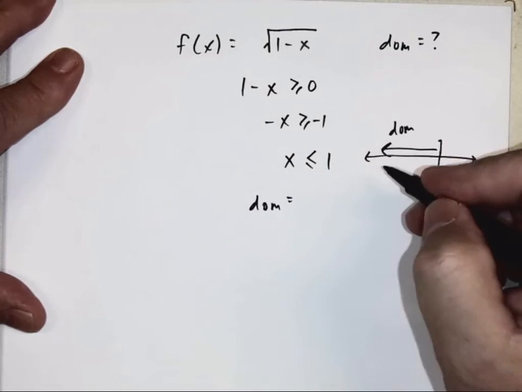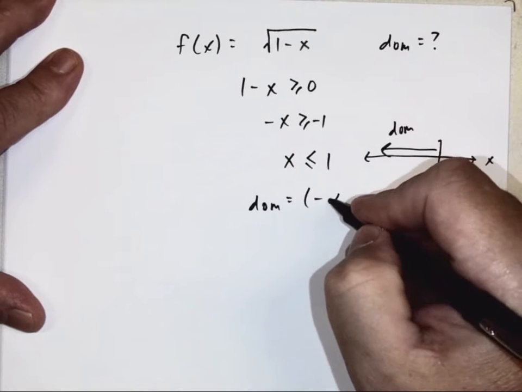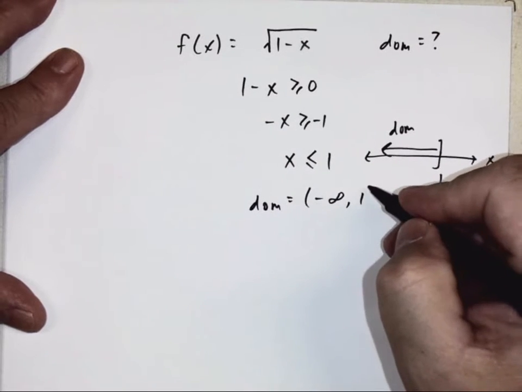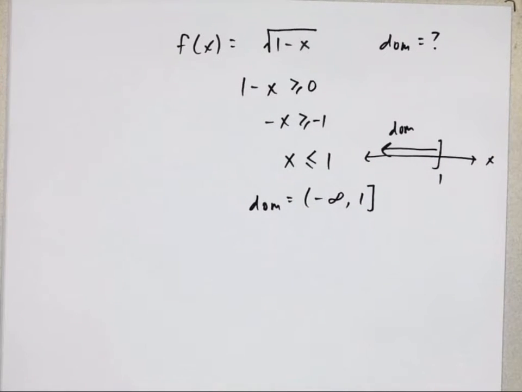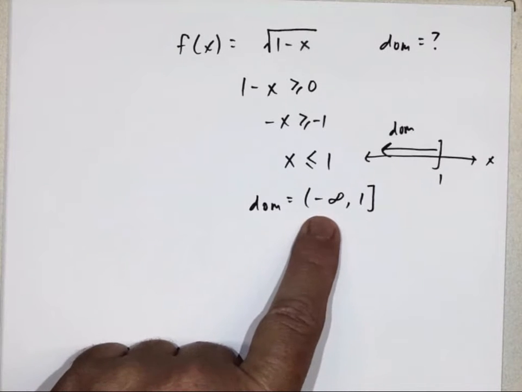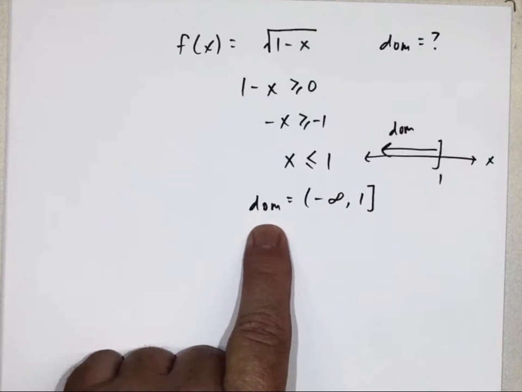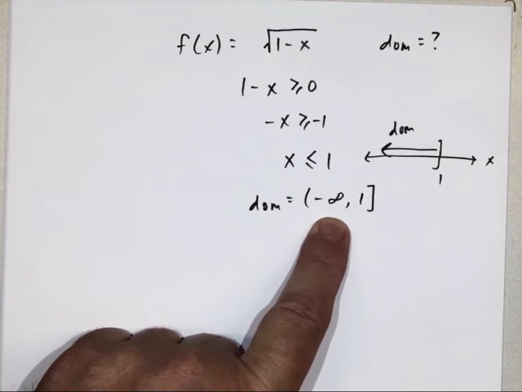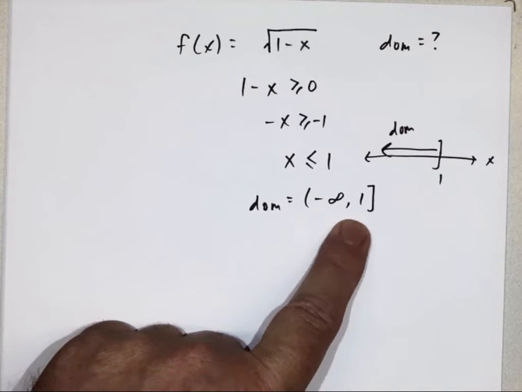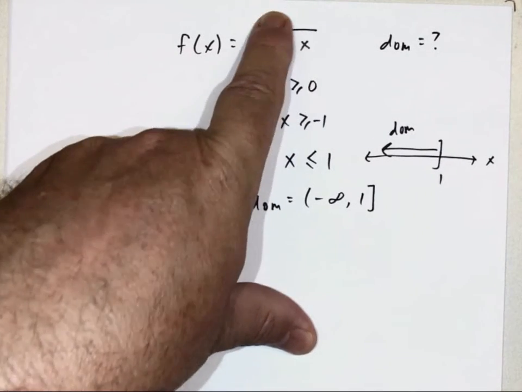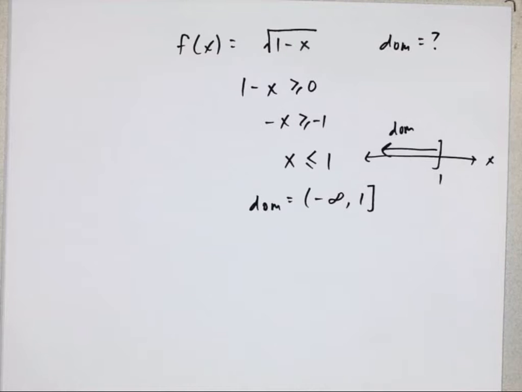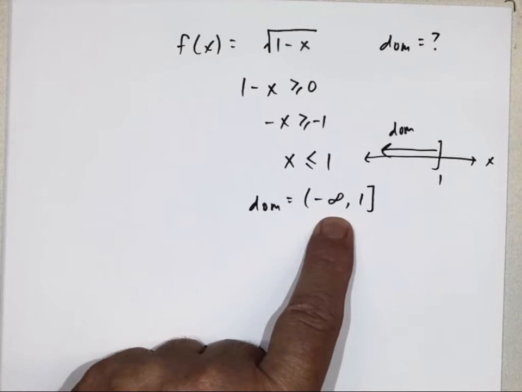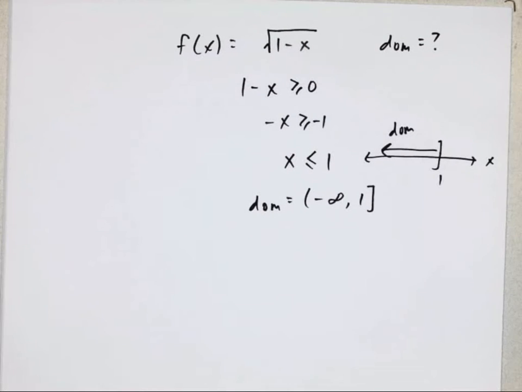And in this case, the domain would be -infinity to 1 with a bracket. In other words, what can x be? X can be any number between -infinity and 1, because when x is equal to something in here, I end up with a positive number under the square root.